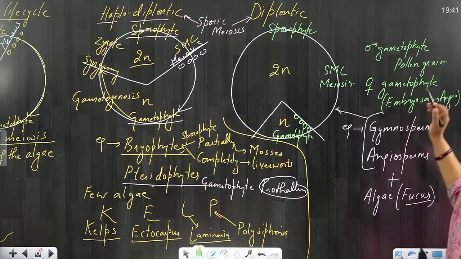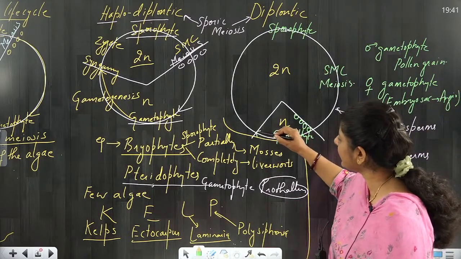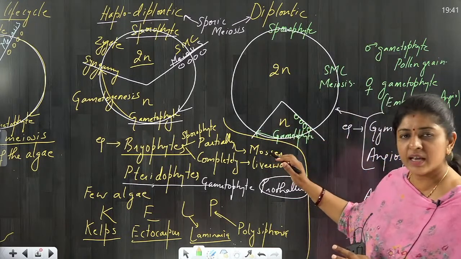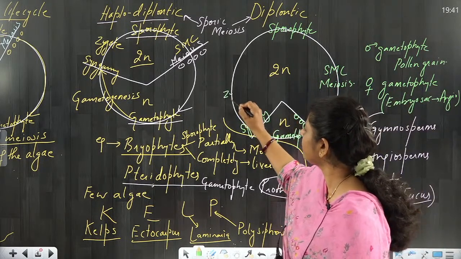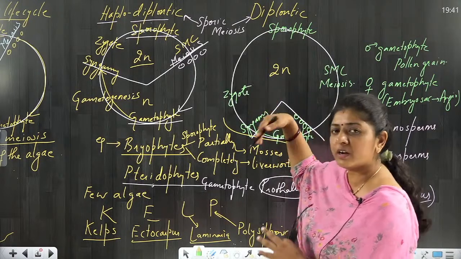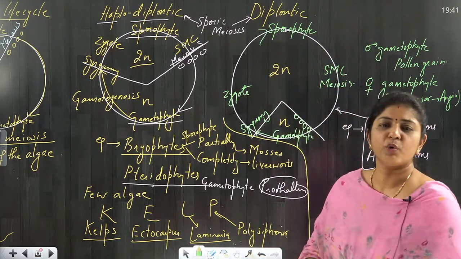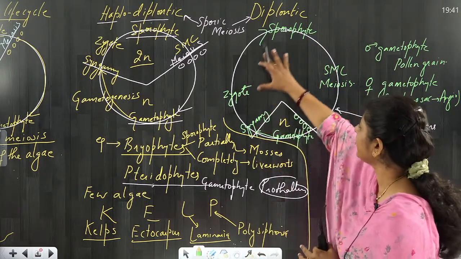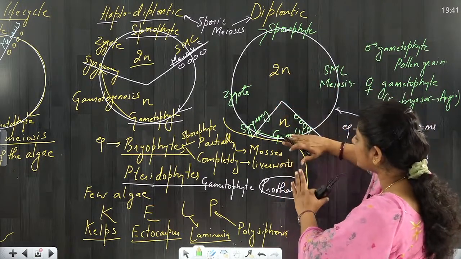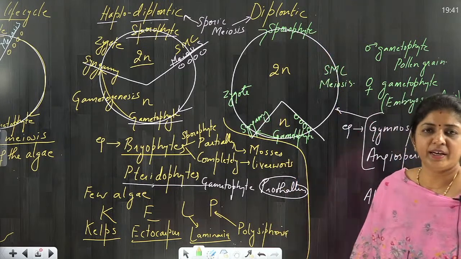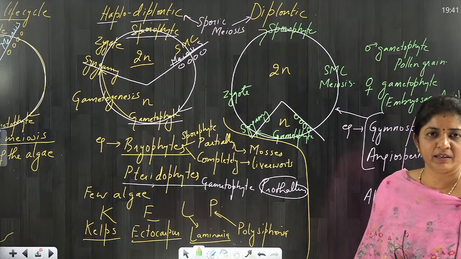You cannot call it an embryo sac in gymnosperms. This gametophyte will form male and female gametes which fuse, and syngamy will happen, giving the zygote. The zygote undergoes mitosis and forms the embryo. The embryo forms the sporophyte again. So the main phase is the diploid or sporophytic generation, and the gametophyte is very short-lived and depends upon the sporophyte. That's why this life cycle is called the diplontic life cycle.